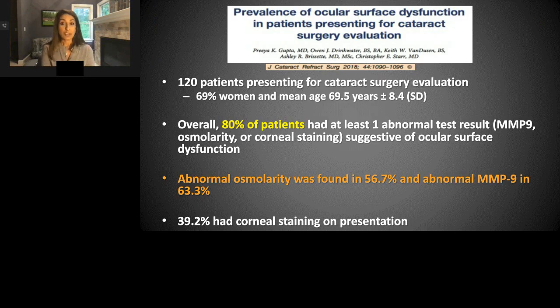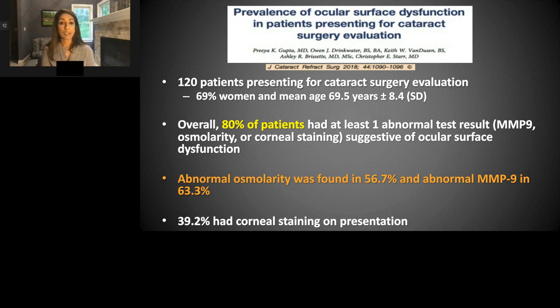Dr. Chris Starr and I did a study recently. It was published in 2018 in JCRS. We wanted to ask the question, what happens when we use modern testing? So we took 120 patients that were coming to our clinic for cataract surgery evaluation, and we found that 80% of them had at least one abnormal test.